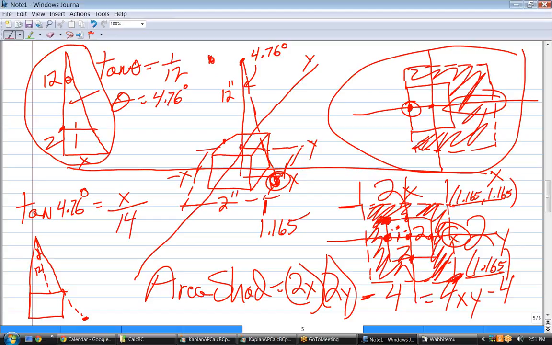I see, okay. Gotcha. Well, I can still figure out my distances, though, because this is still a right angle. And I don't know what this angle is, but I know that's 1 inch there.